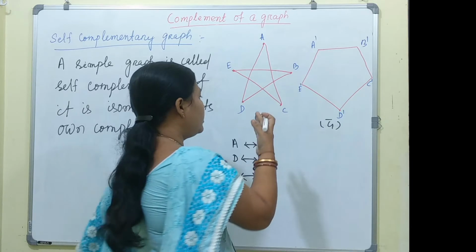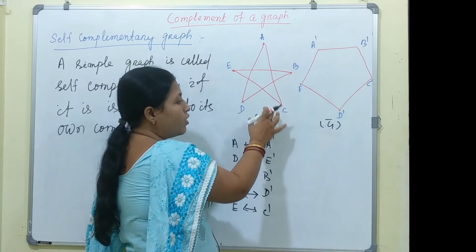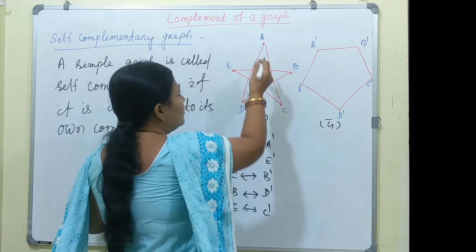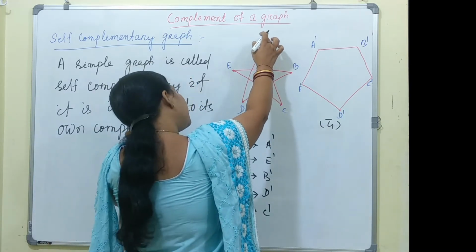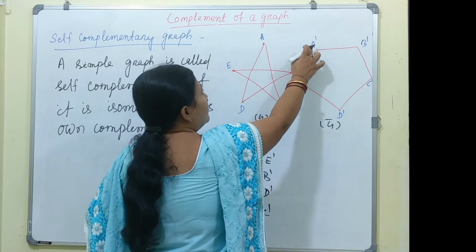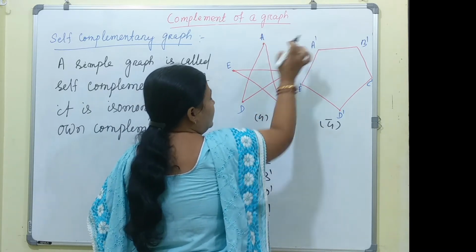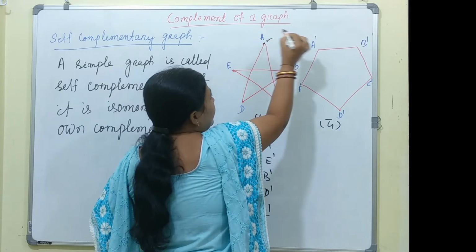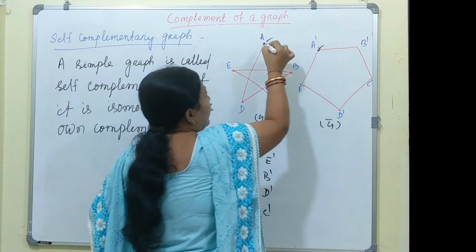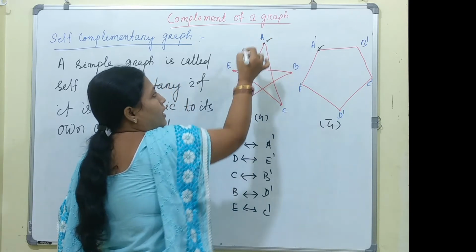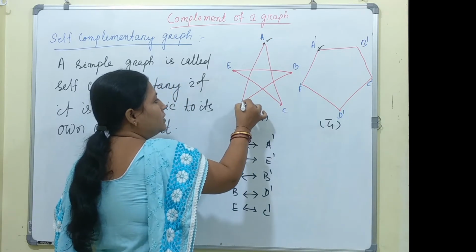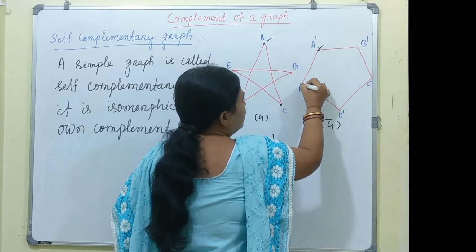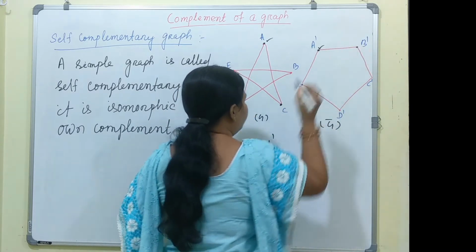So we will put the vertex set of G in correspondence with the vertex set of G bar. Taking the first vertex A, we correspond A with A dash. Check the adjacency of A. A is adjacent with D and C. Here, A dash is adjacent with E dash and B dash.